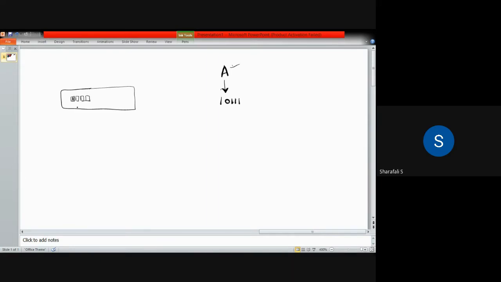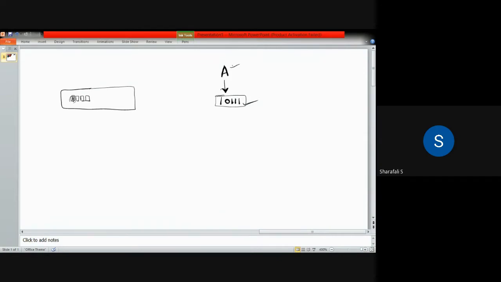When you are entering this particular letter A, the keyboard will send this particular code to your CPU. Because the computer, or your mobile phone, will not understand letter A. It will understand only binary code, because it will understand only the machine language.